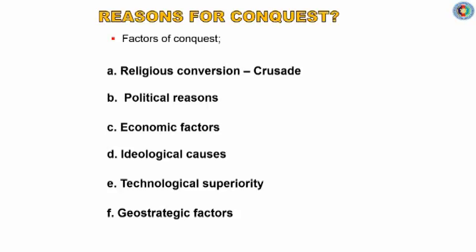The next one is economic influence. Industrial nations needed raw materials and natural resources, such as rubber from rainforests in Central Africa and Malaya, timber from Indonesia and Malaya.